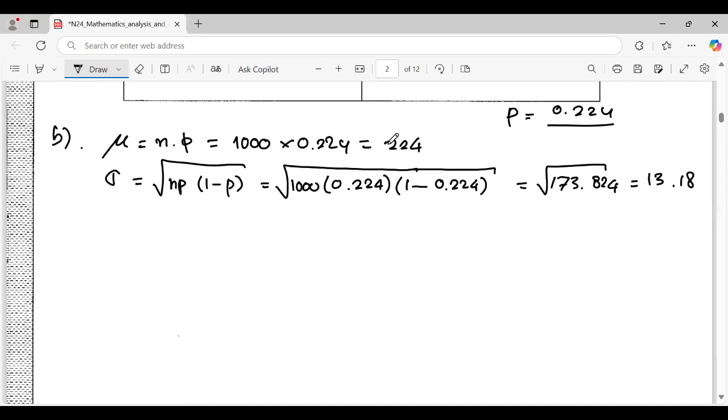So this is the mean, and this one is the standard deviation.